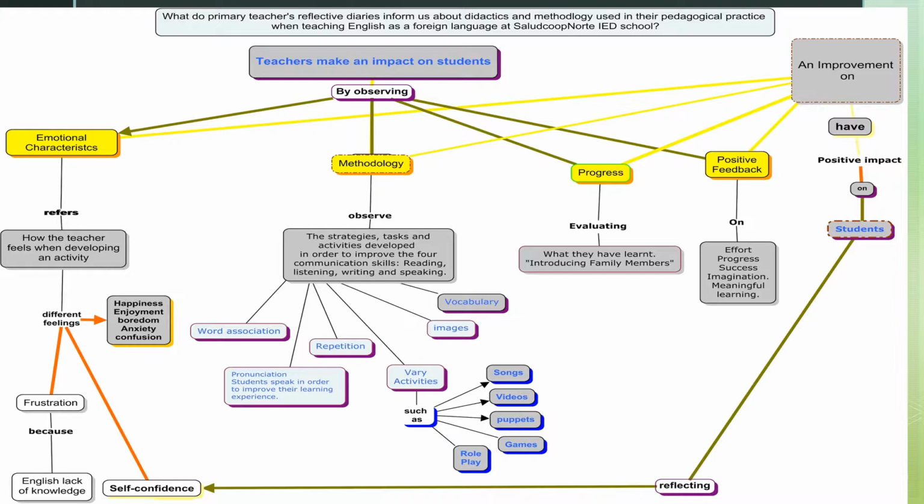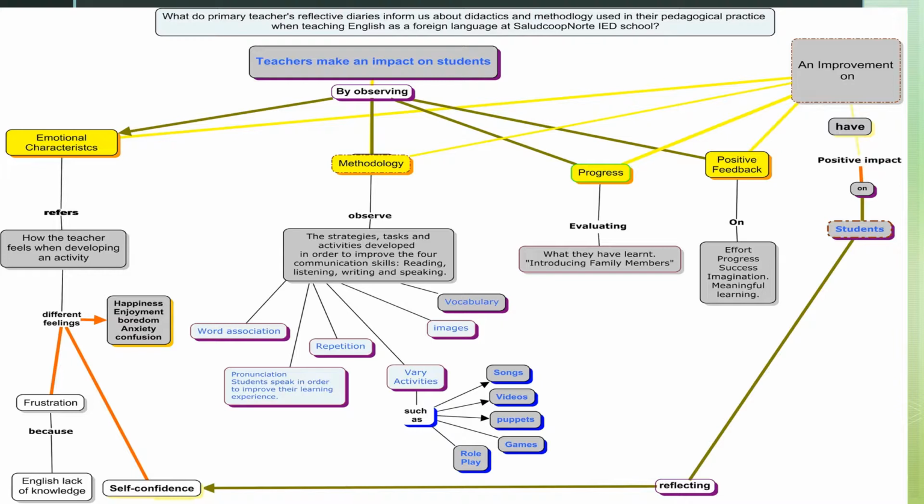Some of the strategies they use are the following: word association, repetition, vocabulary, images, pronunciation, making the students speak in order to improve their learning experience, and various activities such as songs, videos, puppets, games, and role play.